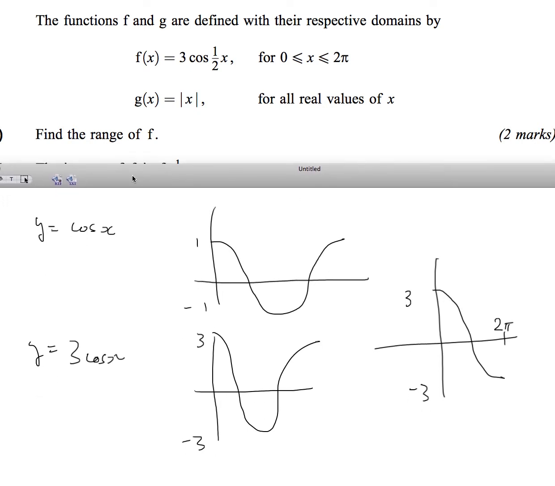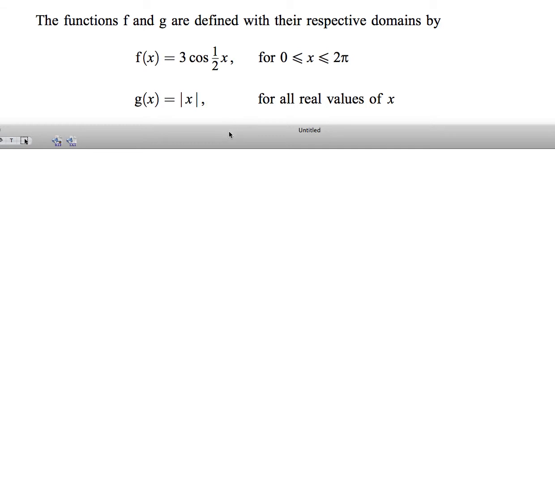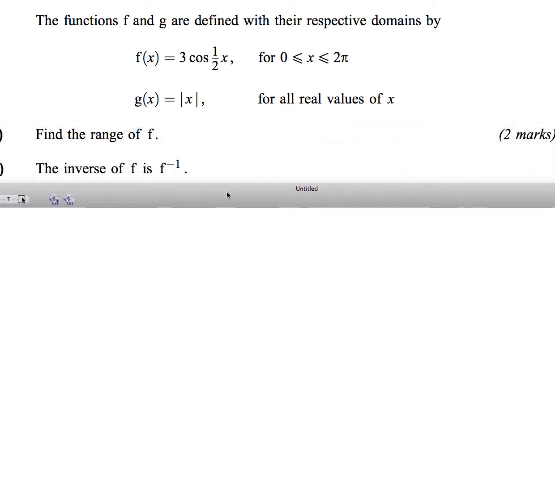Find the inverse of f. So first of all I'm going to say let y is equal to 3 cos x over 2. Interchange. Now some people do this at the end, I do it at the beginning.